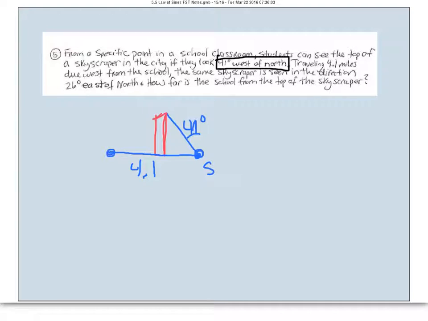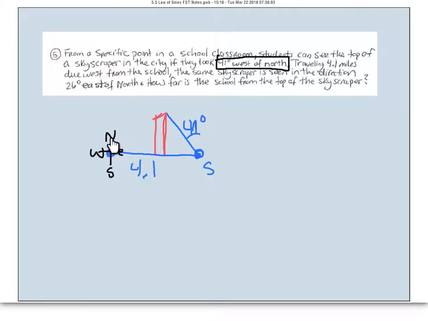Now it says here, the same skyscraper can be seen in the direction 26 degrees east of the north. So here we are at this blue dot. I'm going to put that compass right back on here so I can see it better. As they're standing here, they are now looking 26 degrees east of the north.